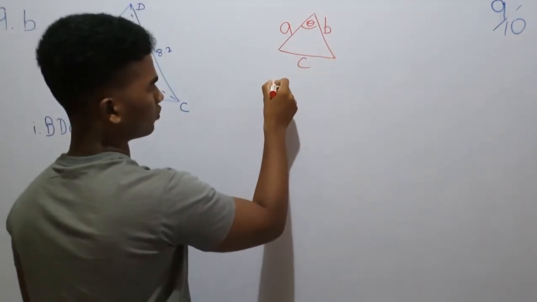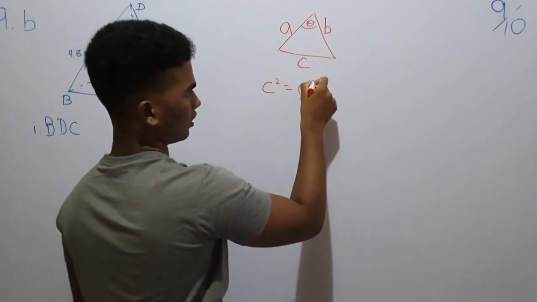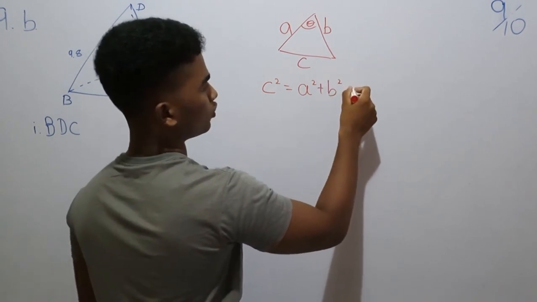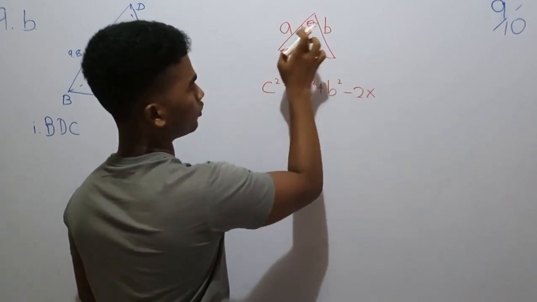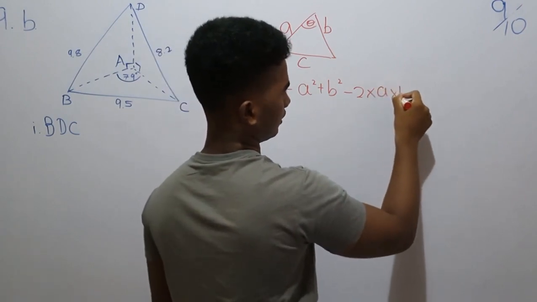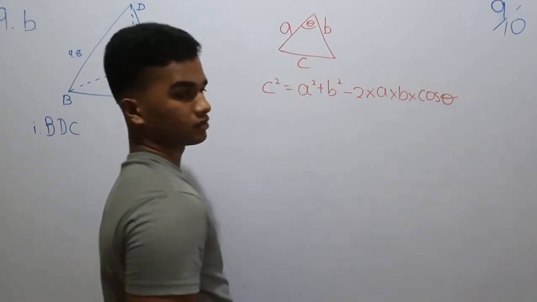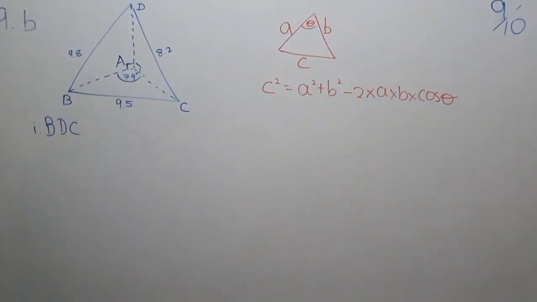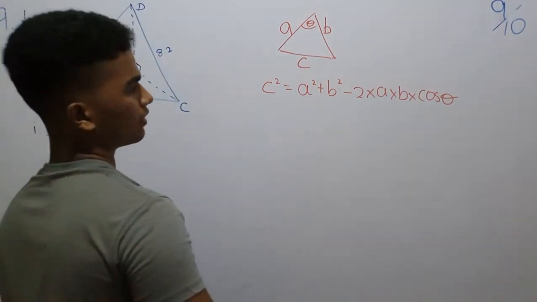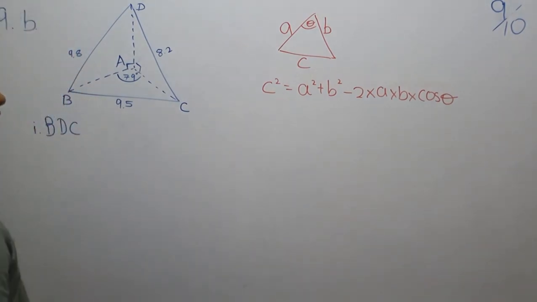So C square equals A square plus B square minus 2 into A into B into cos theta. This is the cos rule. So now what? Better to substitute cos theta, since if not it will get complicated.